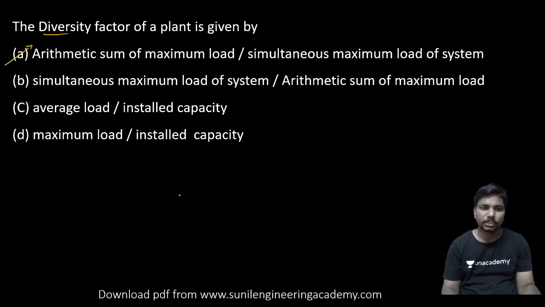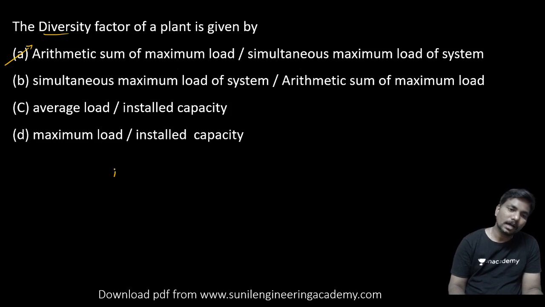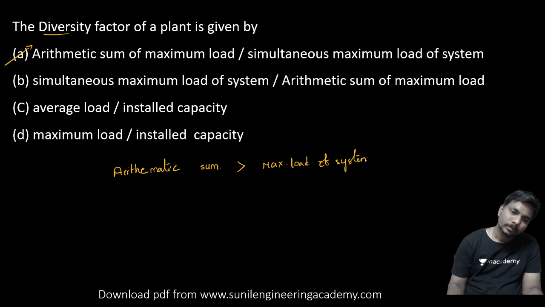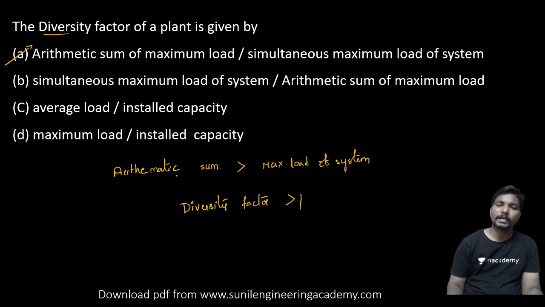So the answer is option A. And we know very well, the arithmetic sum is always more than the simultaneous maximum load of the system. So as the arithmetic sum is more, this diversity factor is always greater than 1. Very important one. Numerator is more, so it is greater than 1.